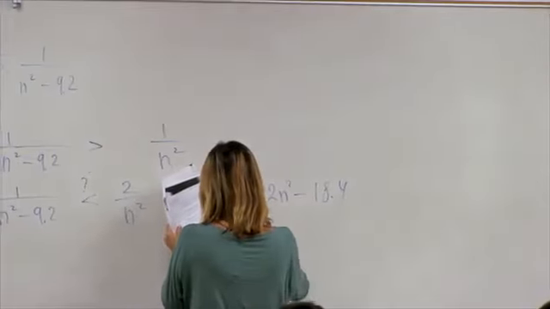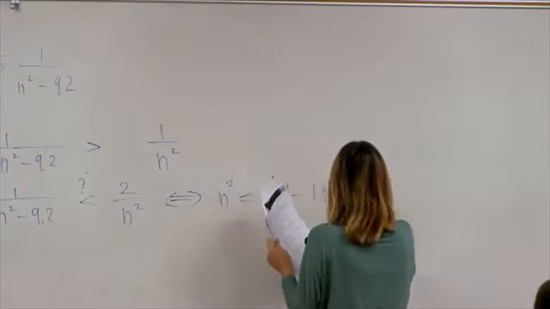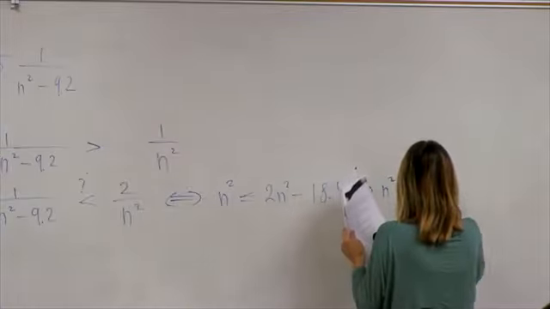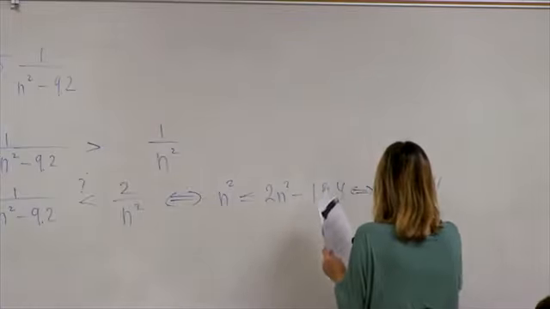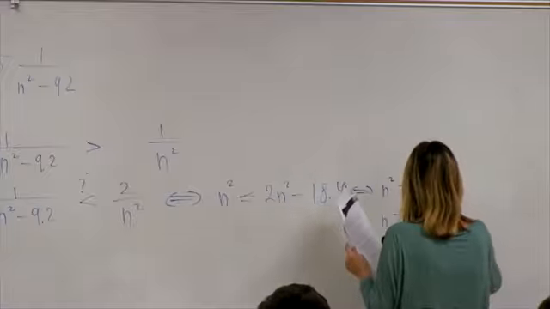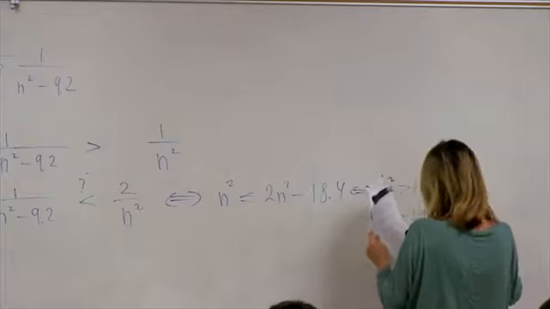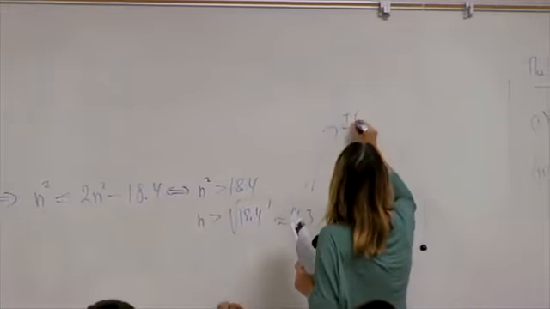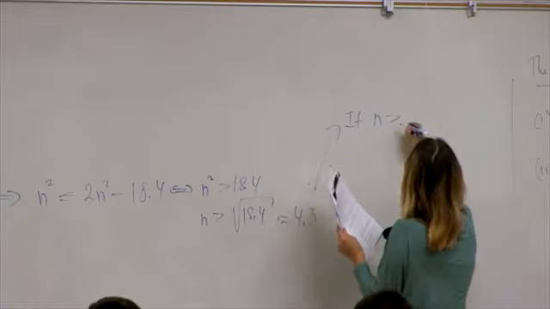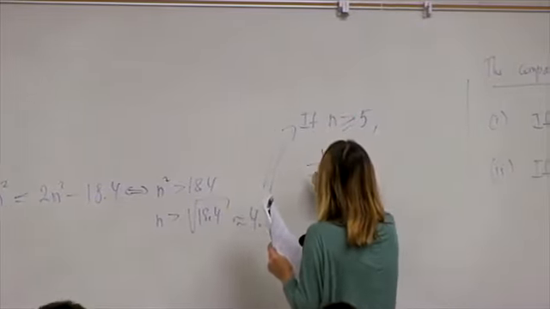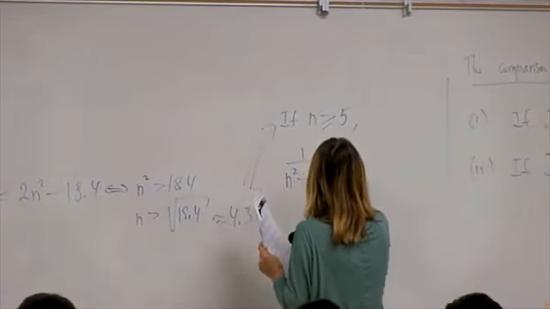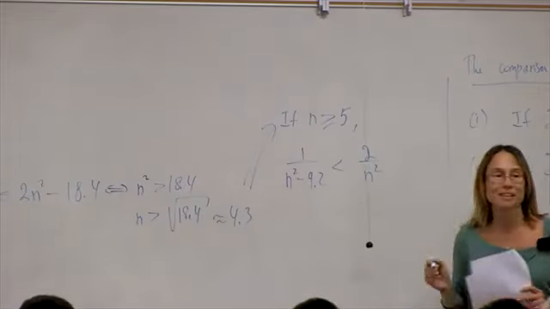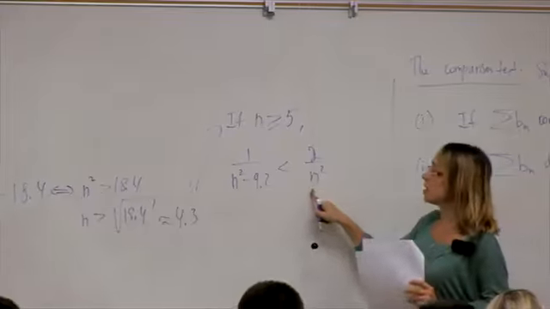That gives me n squared is greater than or equal to 18.4, or n greater than the square root of 18.4, which is approximately 4.3. So if n is greater than or equal to 5, then my given sequence is actually smaller than 2 over n squared. So now I can reason about this one.